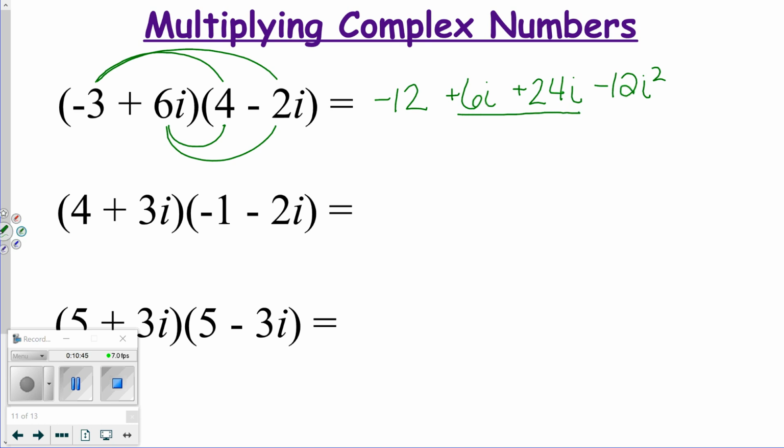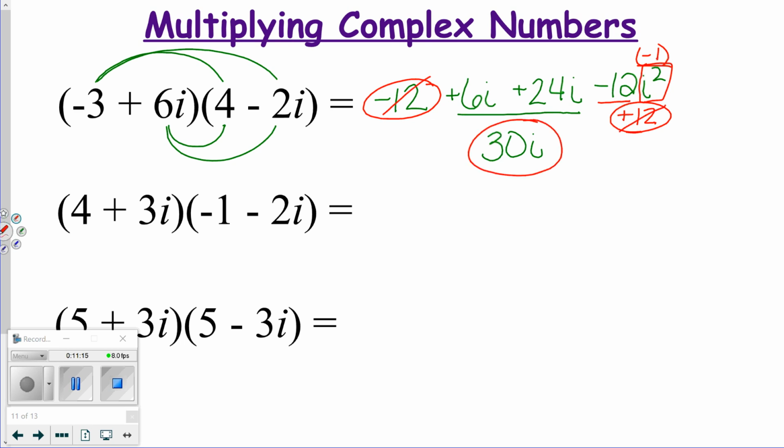Those two like terms are going to give me 30i. But then I recognize that I have an i squared in my answer. So this i squared will get replaced with a negative 1. Then I have negative 12 times negative 1, which makes that a positive 12. Then I can put my like terms of 12 and negative 12 together, and those will actually just cancel out. So my answer is just 30i.